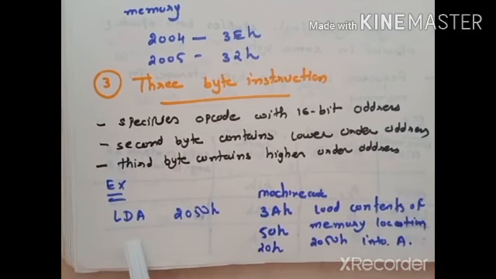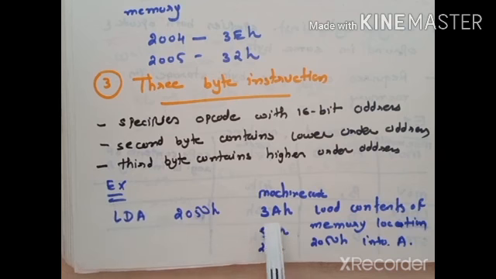An example is LDA 2050, which loads the content of memory location 2050 into A. This instruction requires 3 memory locations for storage. First we store the hex code of LDA, which is 3A, then the lower byte 50H and the higher byte 20H.